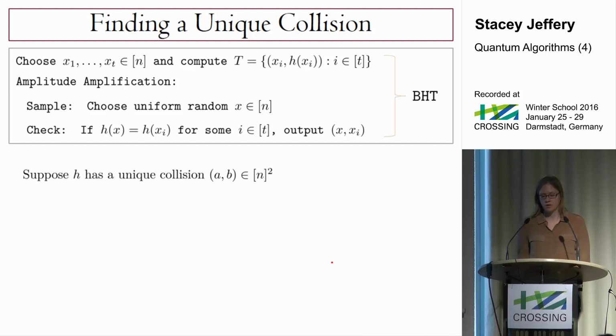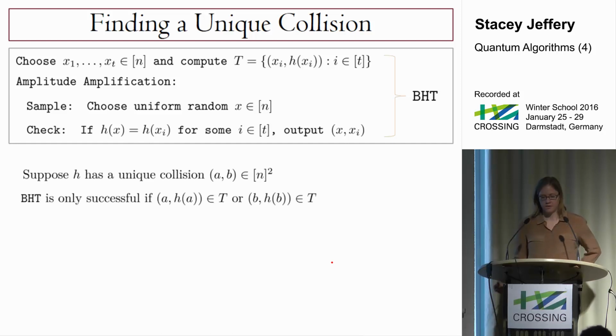Suppose we use the Brassard-Høyer-Tapp algorithm, but the function h has just one collision. In that case, the algorithm would not necessarily succeed in finding the collision. In Brassard-Høyer-Tapp, we assume that h is 2-to-1, and then the algorithm will succeed, at least with high probability. But if there's a unique collision, the algorithm does not necessarily succeed.